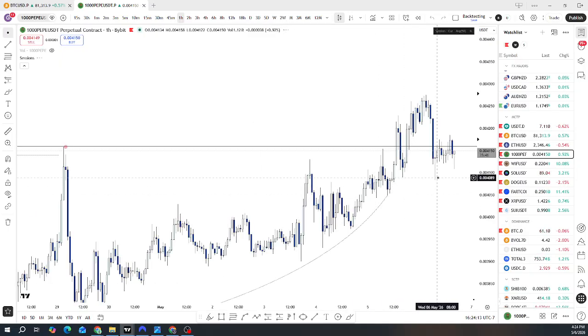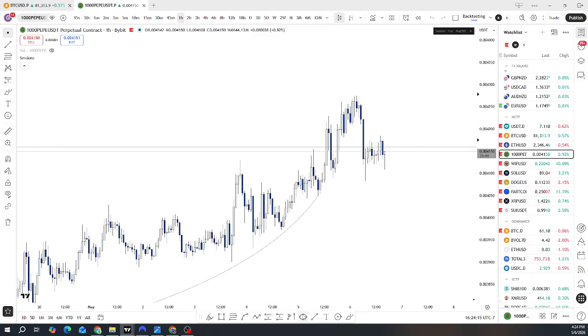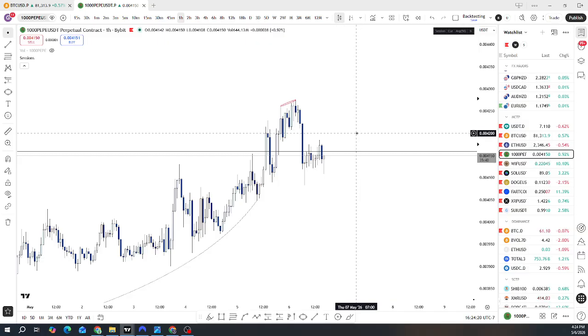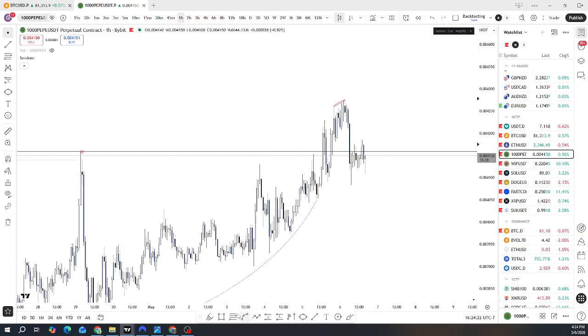And then yeah, if we zoom out and see what ended up happening, we created some sort of a topping formation here, and kind of like a PO3 that is currently lacking acceptance back into the range.